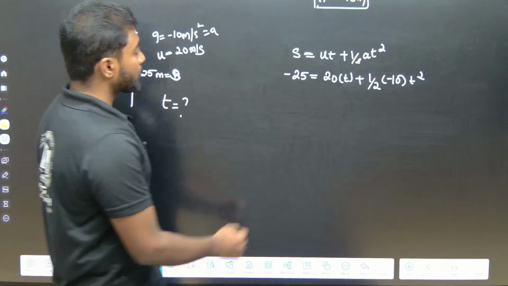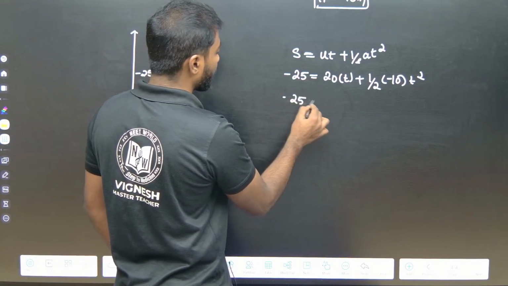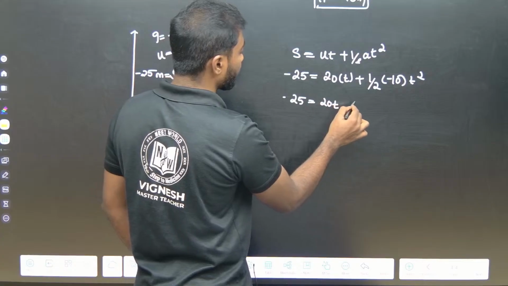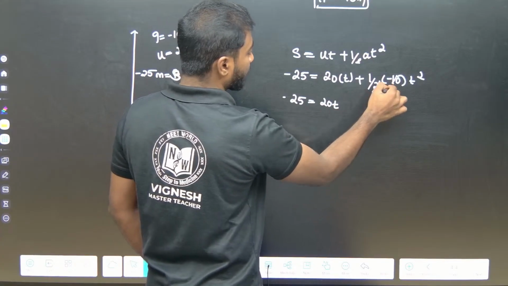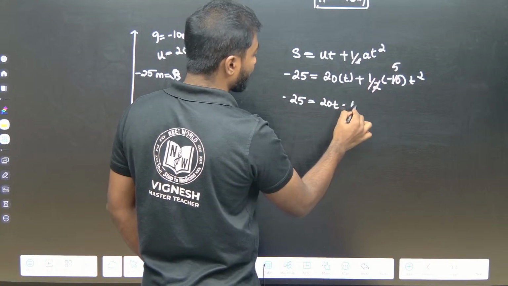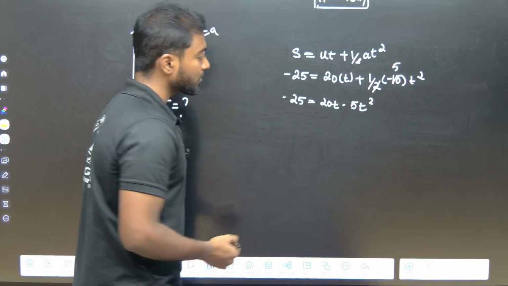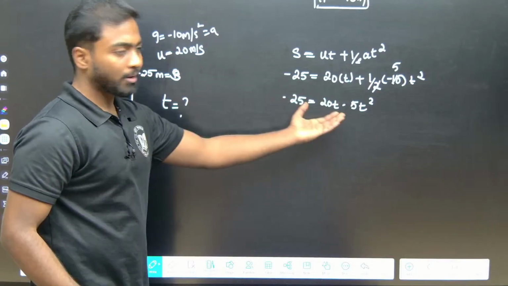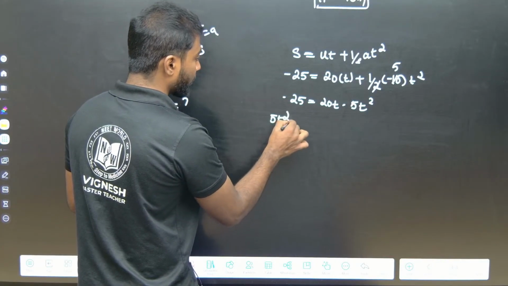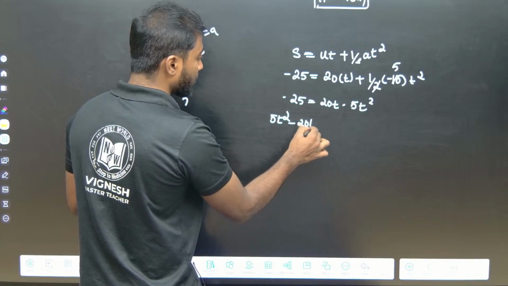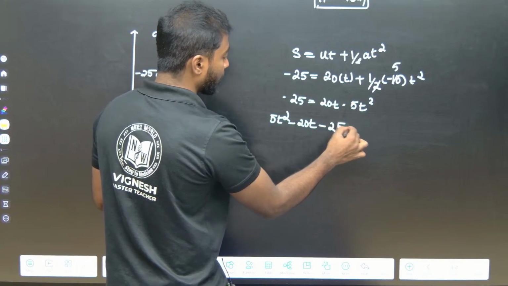So minus 25 equals 20t minus 5t square. Take every term to one side. What happens here? 5t square minus 20t minus 25 equals 0.